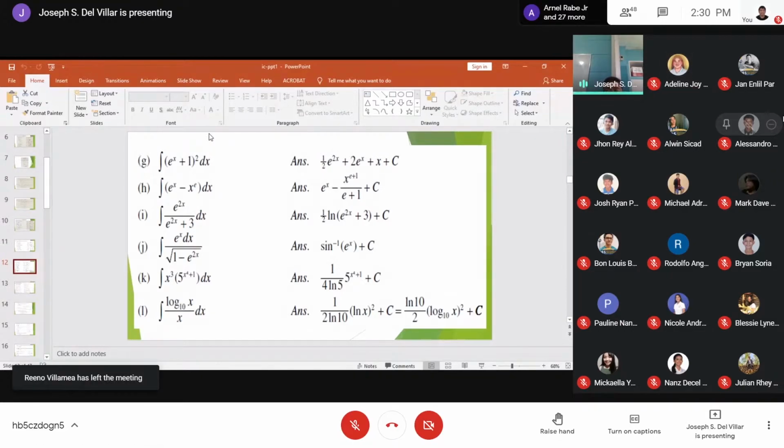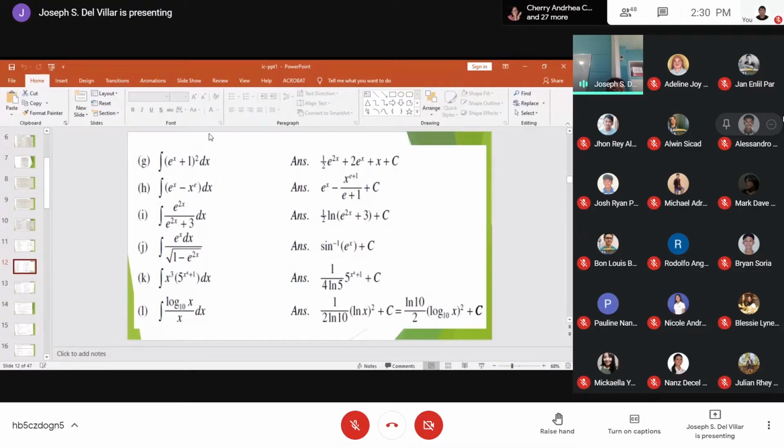Okay, that is correct. So you simply integrate individually. So that is the integral of e to the x dx minus the integral of x to the e dx. Okay? So transform into two integrals. Okay? So yung integral of e to the x dx is already exact. So that is e to the x. Okay? So you need not introduce anything or any constant there.